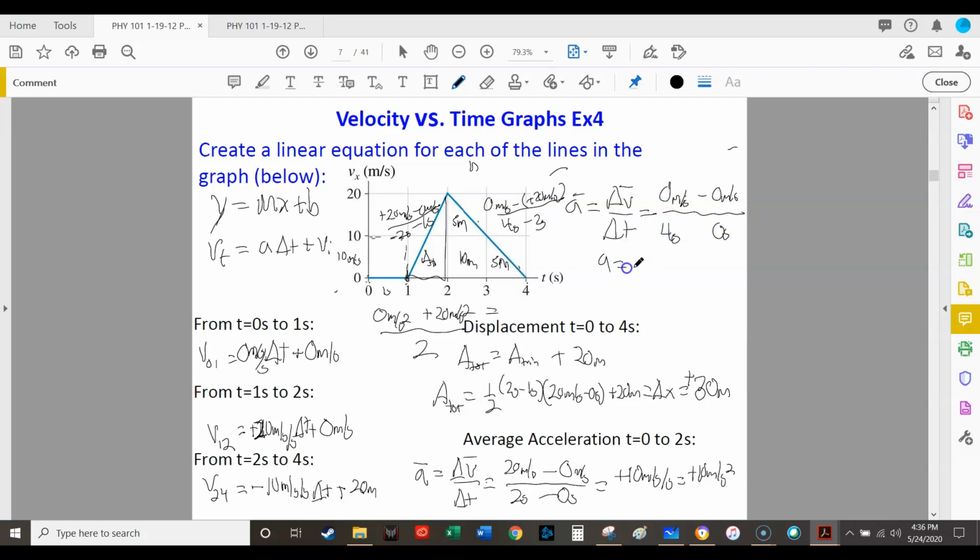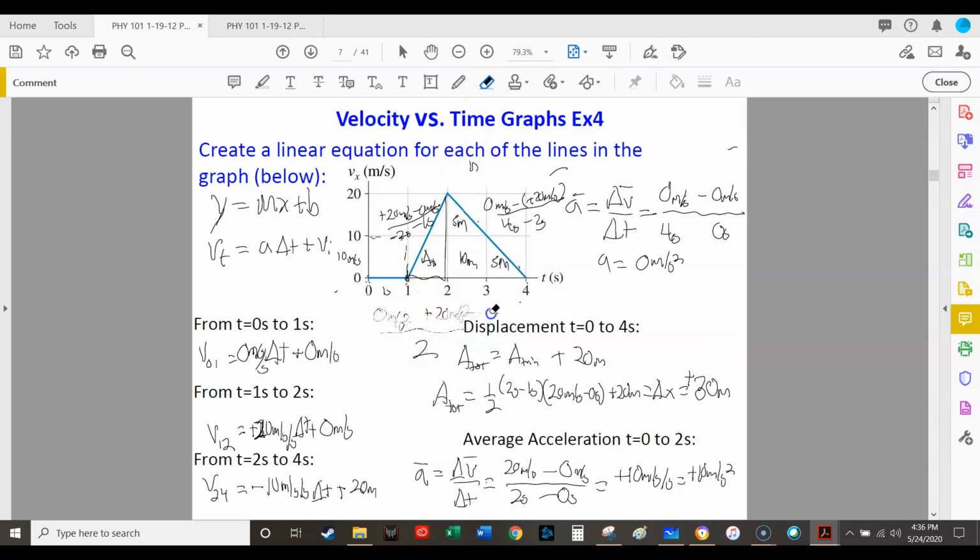Well, that is going to be 0 meters per second. The average velocity in this case would be 0 meters per second.